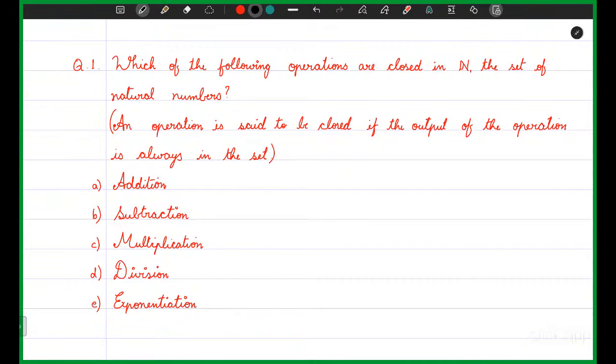The answer is exponential. There could be multiple answers, so check everything. A, B, C, and D. So the answer is A, C, and E.